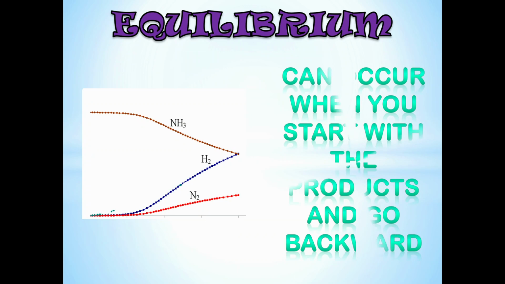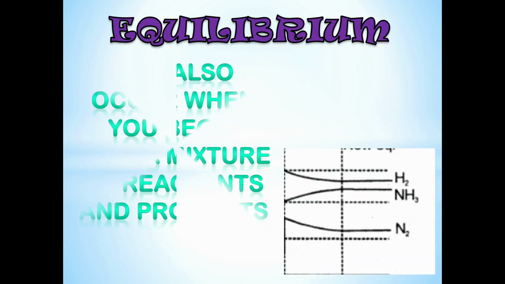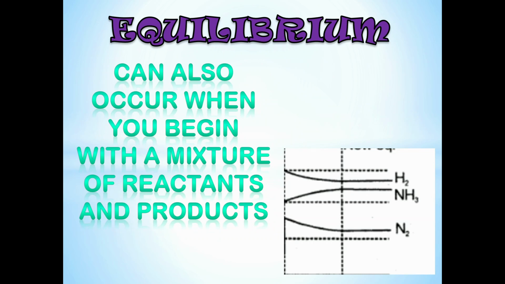I can start with all products and go backwards, or I can start with a mixture of reactants and products. The K value will be exactly the same, whether I start with all reactants, all products, or a mixture of reactants and products.